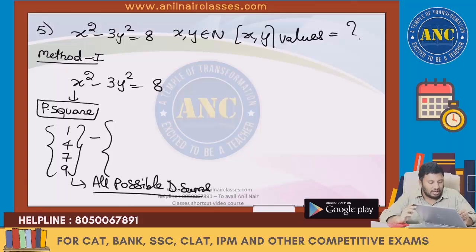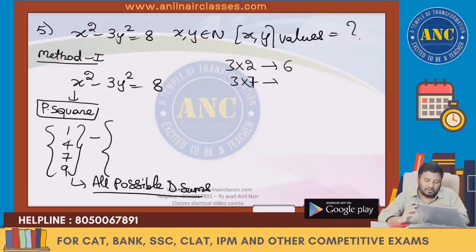Minus any number multiplied by 3. You multiply any number by 3. 3 2s are 6. 3 7s are 21, digital sum 3. 3 9s are 27, 2 plus 7, digital sum is 3.